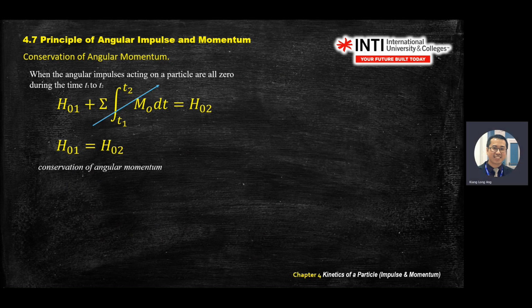So we have h1 will equal h2. Okay, so this is called conservation of angular momentum, before and after. So when you need to apply conservation, normally you look at before and after. You're not interested in what happened during the collision. You want to see before and after.